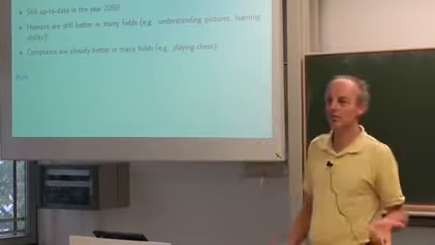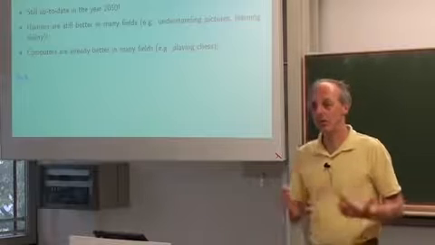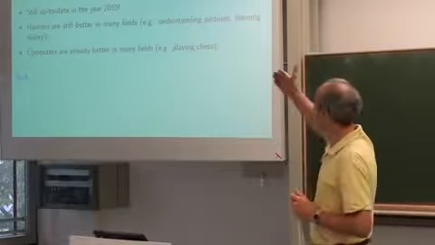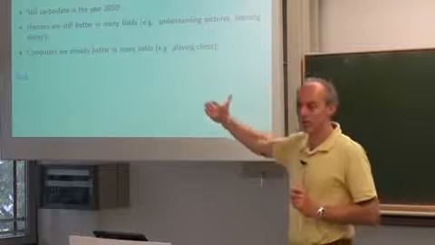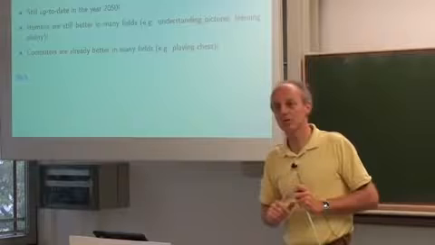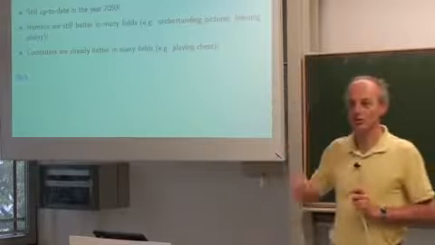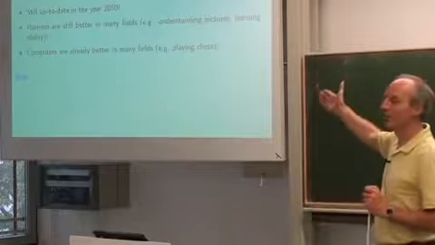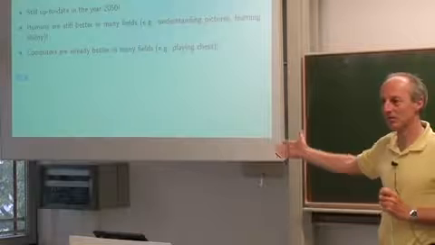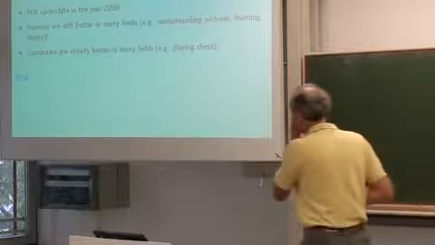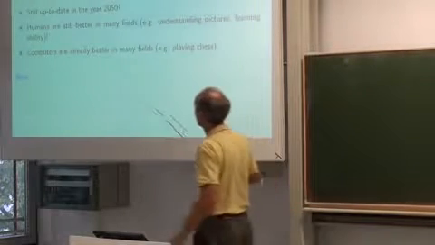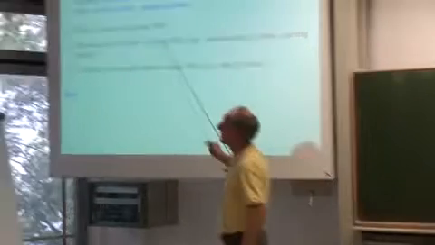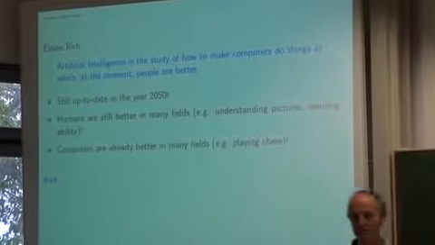So this is the type of problems we work on now in AI. And you see, this is perfectly covered by this definition. It is a pragmatic definition, and not all AI researchers like it. But this definition is what AI is all about. And this definition will still be up to date in the year 2050.